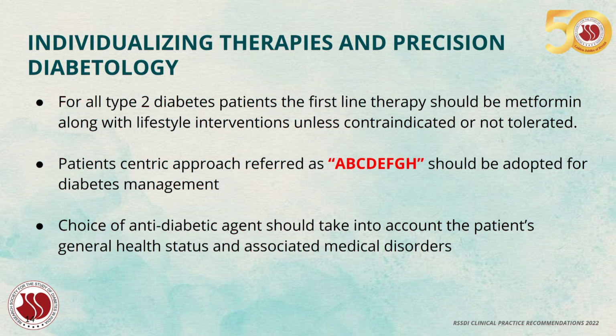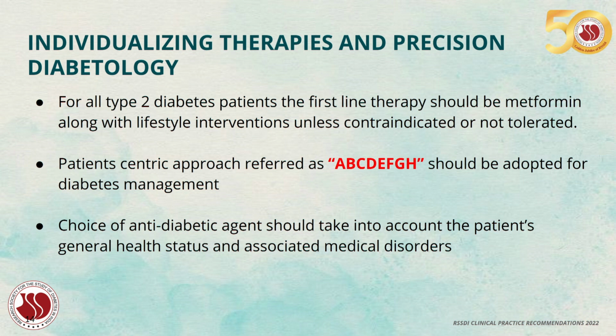Now, a major section is how to individualize therapies and use the concept of precision medicine. For all people with type 2 diabetes, the first line therapy should be lifestyle interventions and metformin, and a patient-centric approach defined as the A, B, C, D, E, F, G, H approach.